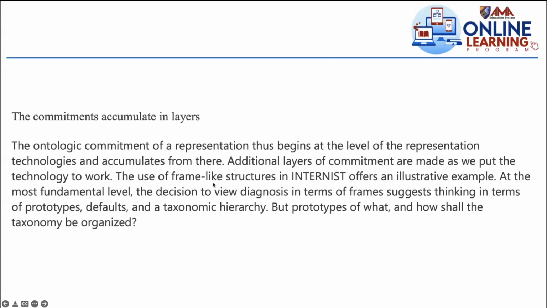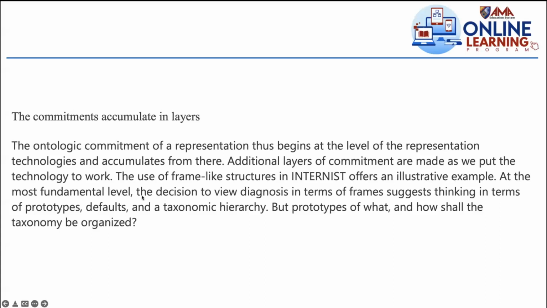Some questions like this. Additional layers of commitment are made as we put the technology to work, meaning the AI uses that technique to represent knowledge. For example, the use of frame-like structures in Internist, for medical diagnosis, offers an illustrative example.